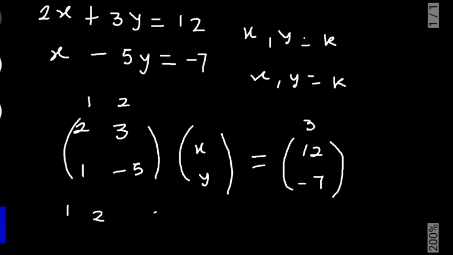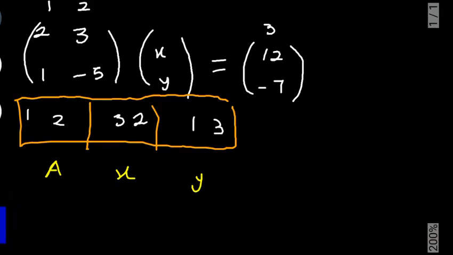And our third determinant is going to be columns 1, 3. I want you to get familiar with this pattern: 1, 2; 3, 2; 1, 3. The first pattern 1, 2 will be for our determinant A. The second pattern 3, 2 will be for our determinant X. And the third pattern 1, 3 will be for our determinant Y.